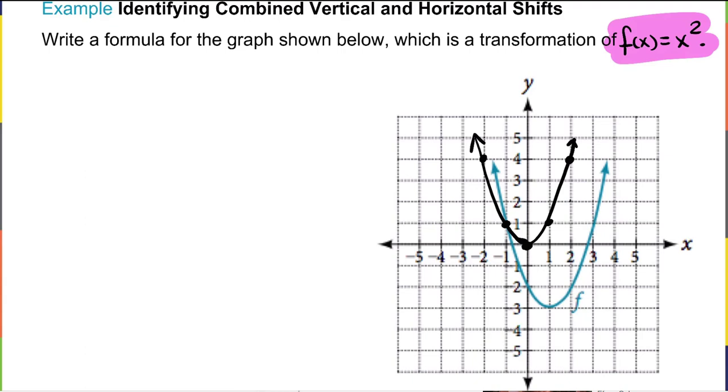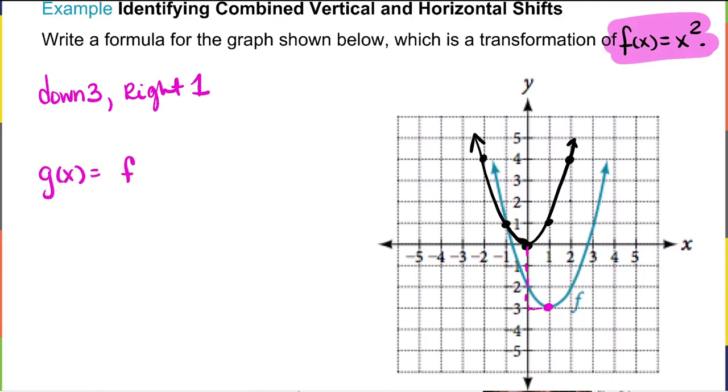Alright, so now let's just look from the origin. We're going to go to that vertex point. I'm going to go down 3 and right 1. So we'll call the new function g of x.